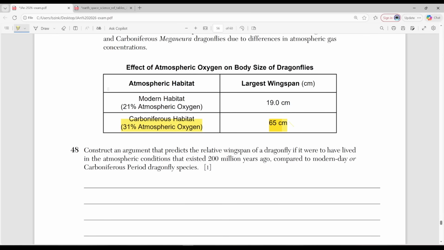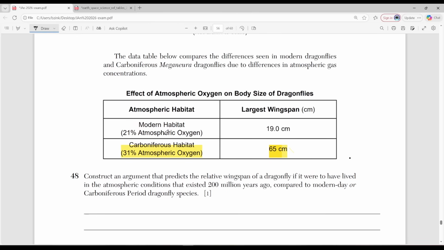Predicts? Okay, it's going to be bigger. I mean, it's very established. The wingspan of a dragonfly, if it were to have lived 200 million years ago compared to modern day. So modern habitat is 21% oxygen, and we have 19 centimeters.